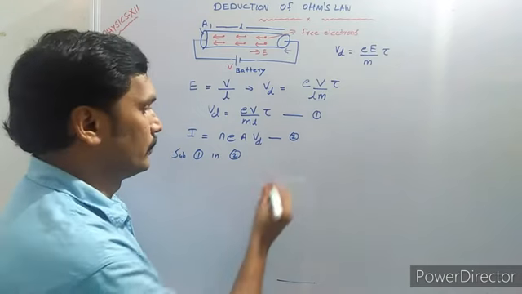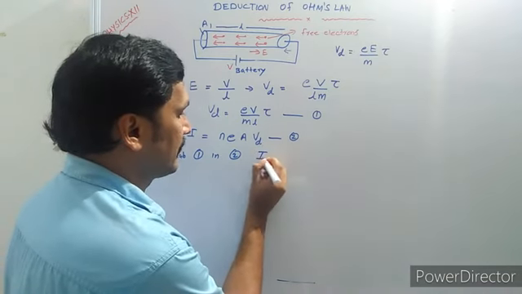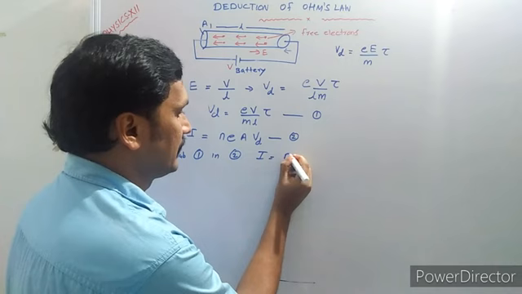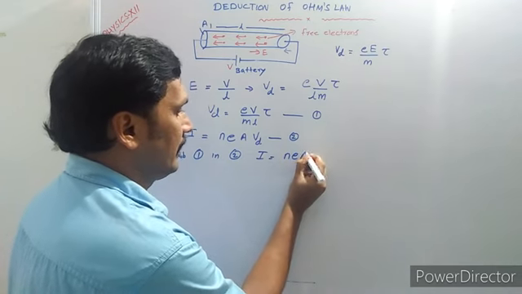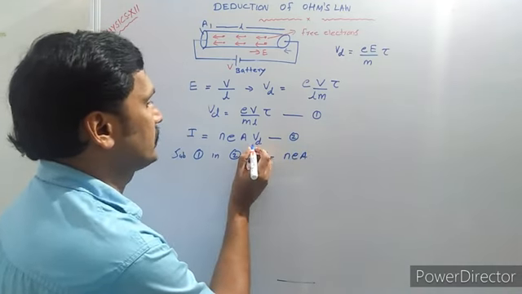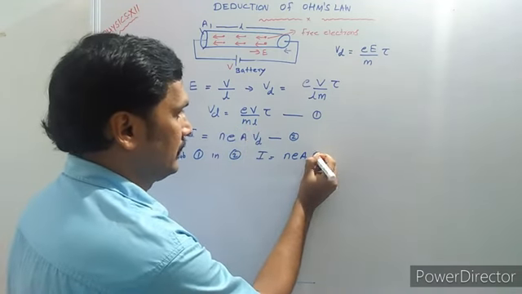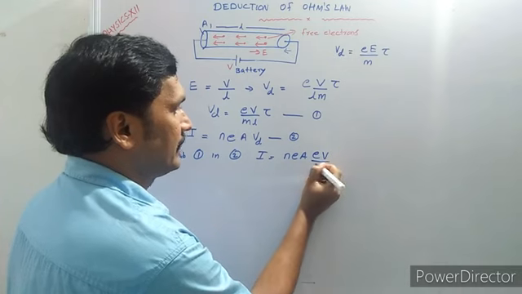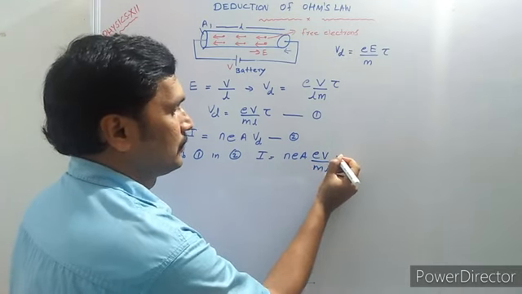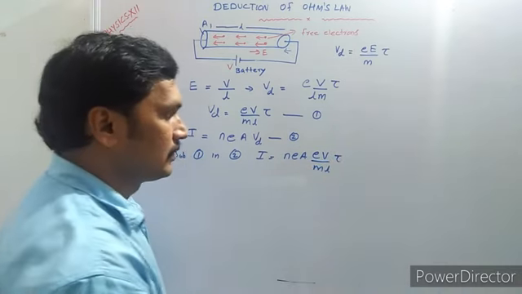Now we get current I is equal to n e A into, instead of drift velocity, we write this expression, equation 1, that's e V by m L into relaxation time.